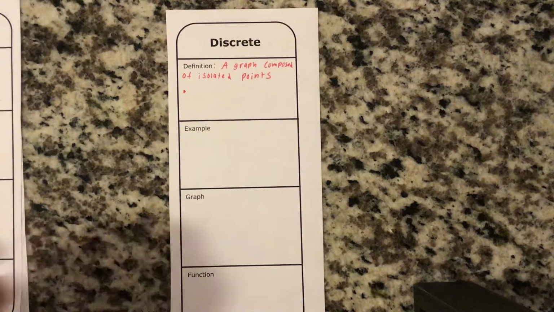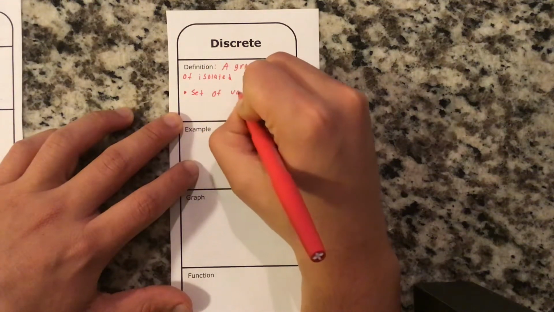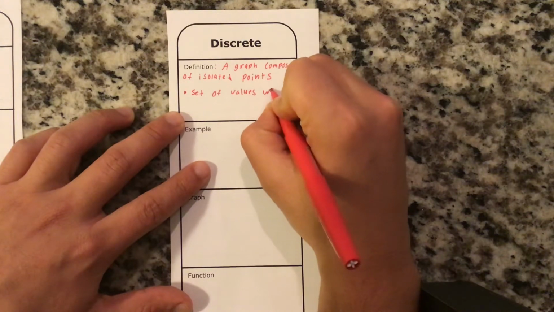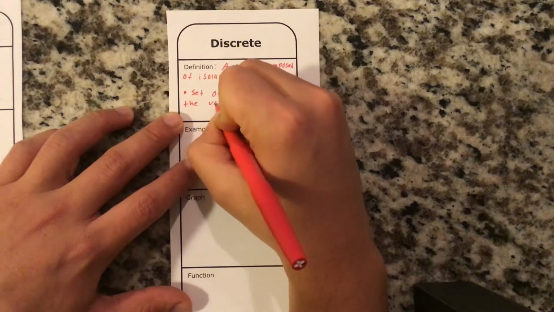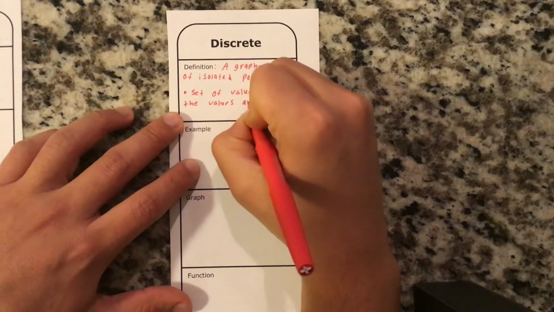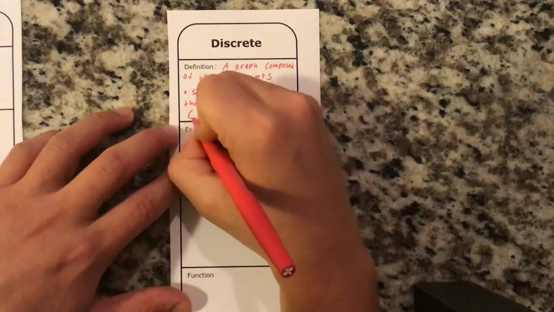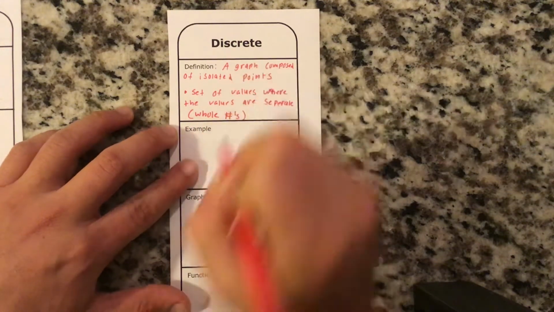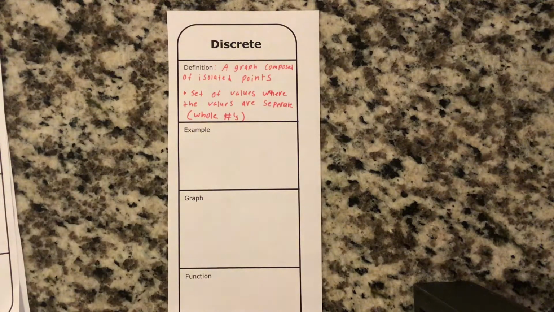So it is also a set of values where the values are separate. And that would mean whole numbers. Okay? So that's our definition for discrete, right? If it doesn't make sense now, hopefully when we look at some examples and graphs, it will.